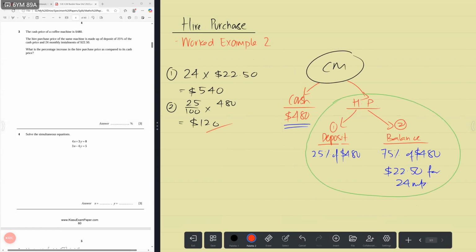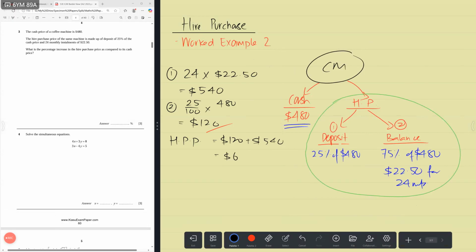I pay $120 today, and then I bring it home. Then the rest of my balance, I pay through monthly installments of $22.50. So essentially, the hire purchase price is equal to that deposit of 120 plus that $540.